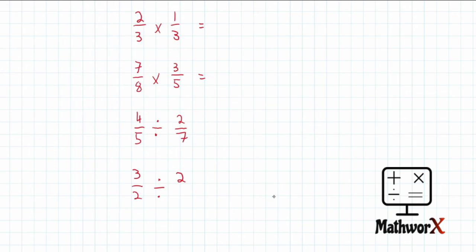And I'll give you a hint for this one. We divide that by 1 and it makes it a lot easier. Alright, pause the video, give it a go yourself.